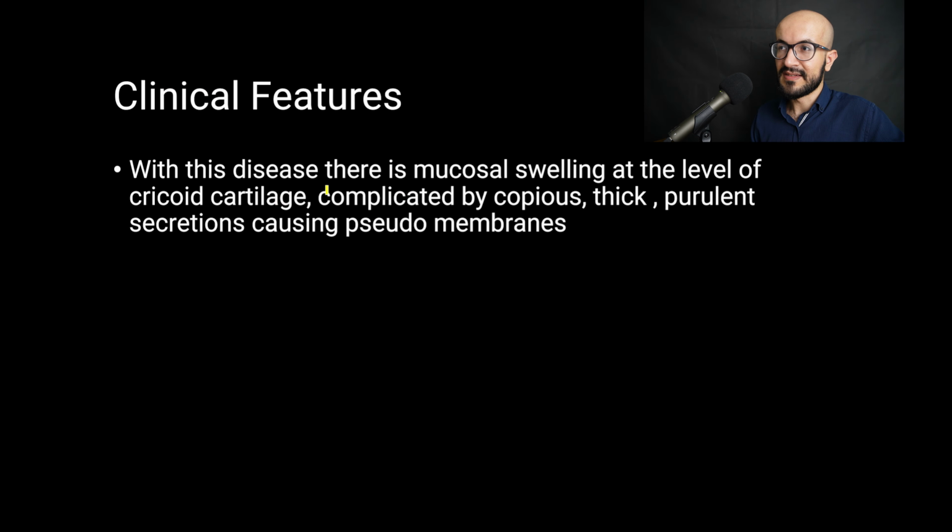Now with this disease, there is mucosal swelling at the level of the cricoid cartilage, and this is complicated by copious, thick, purulent secretions causing pseudomembranes. So a very big difference in bacterial tracheitis compared to croup. The child will be producing a good amount of thick, purulent sputum.